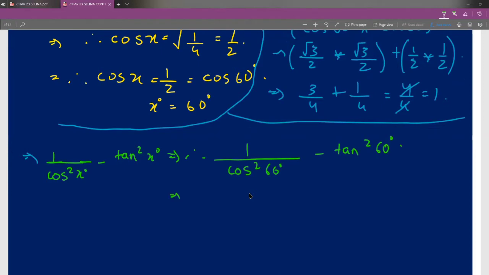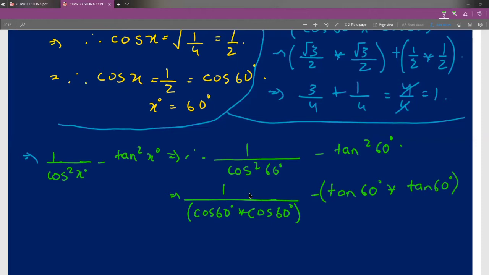Now cos square 60 degree, I can write that as cos 60 degree into cos 60 degree, minus tan square 60 degree, that can be written as tan 60 degree into tan 60 degree.